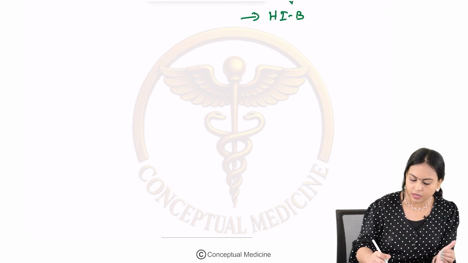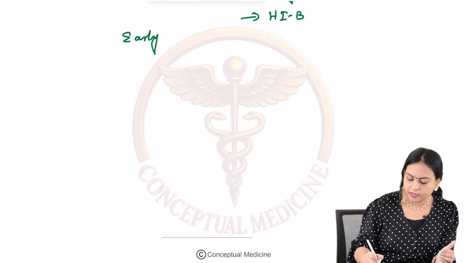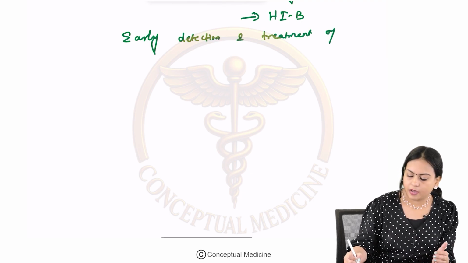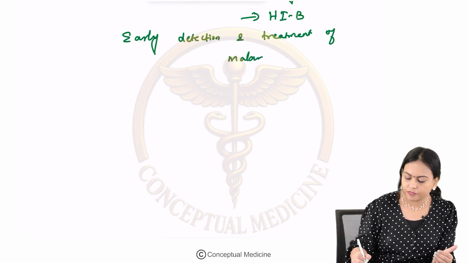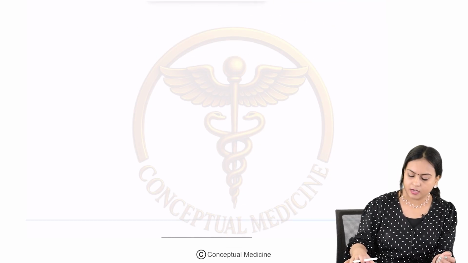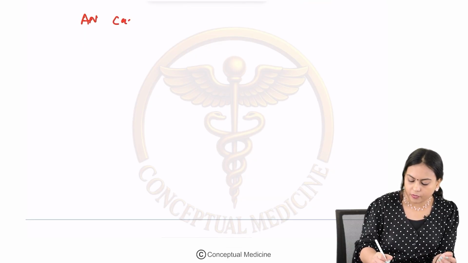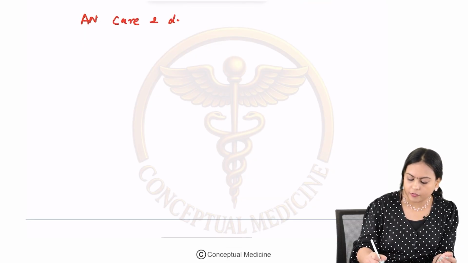And also if needed, early detection and treatment of infections like malaria and other infections would also help. Next one is, we will see what we are going to do with the antenatal care and how we are going to plan her delivery.